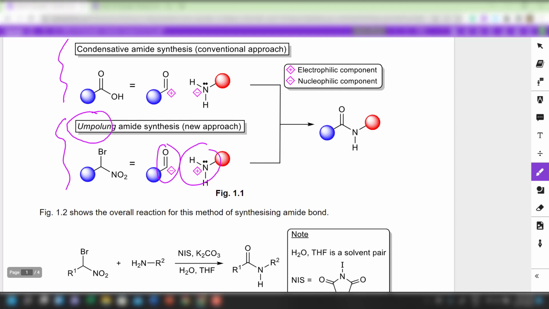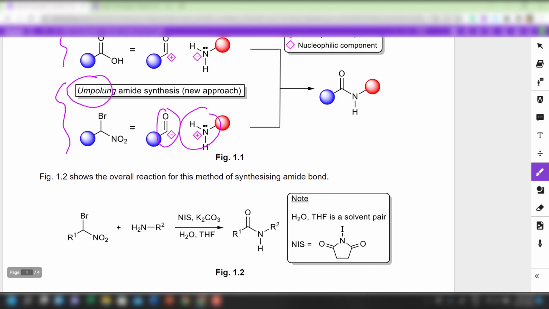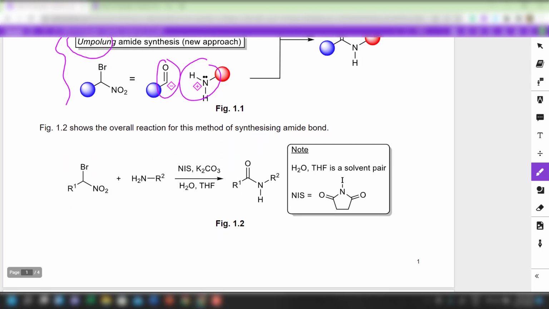If you are sharp enough, and if you stare at figure 1.1 hard enough, you realize that Umpolung here simply means that there is a reversal in reactivity or reversal in polarity. Okay, I will not go into details because I think the question on what exactly Umpolung is is being asked in the question which follows this stimulus.